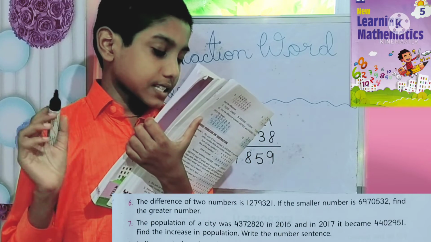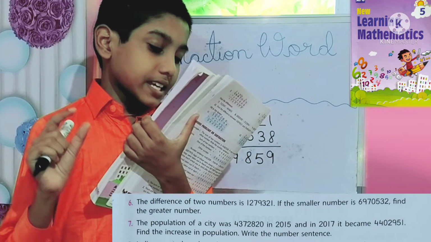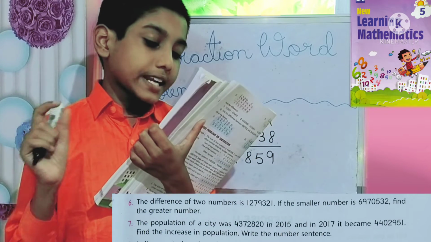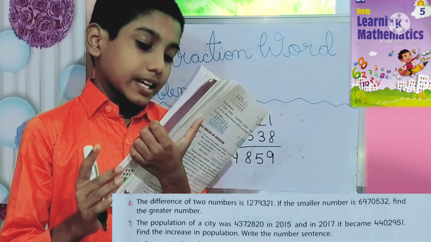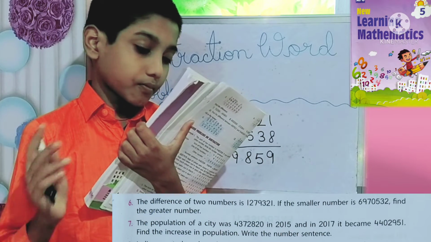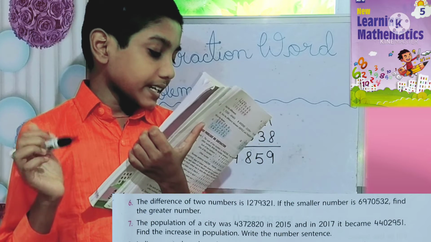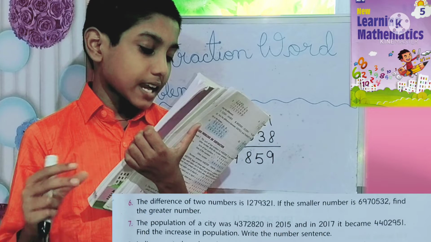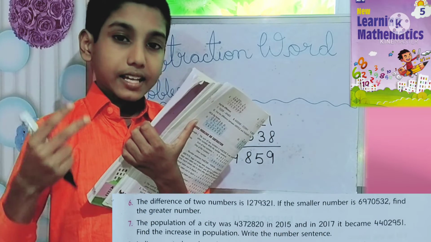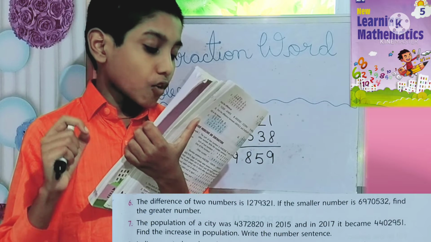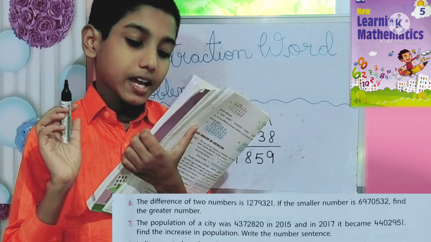So here it is asked that the population of the city in 2015 was this much, 4372820, and in 2017 it became 4402951. So it is telling us to find the increase in population, that means how much it increased in 2017, and for that we have to do minus.